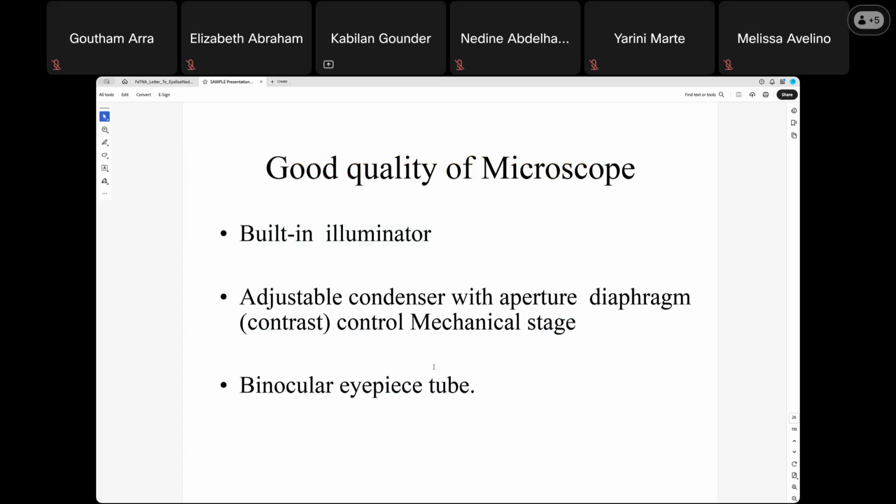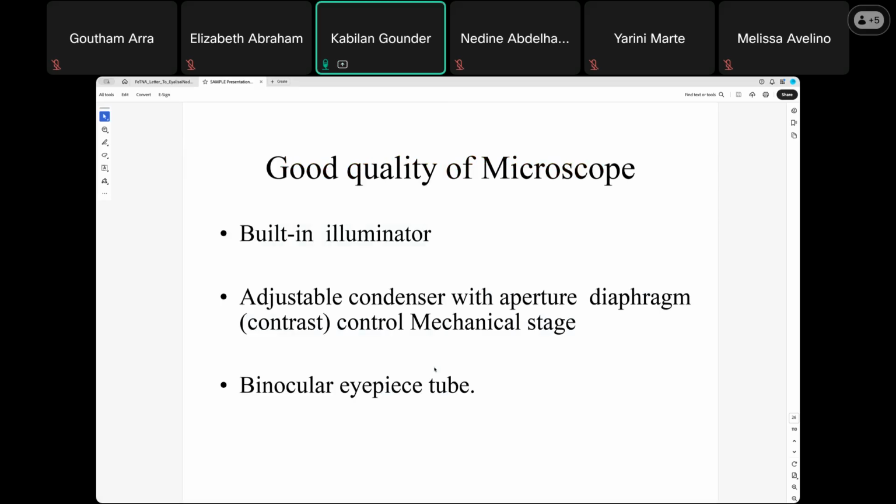How do you say that it is a good quality microscope? When you go in the lab, how can you say, oh, that looks like a very good microscope? You have to tell the reasons why it is good quality. One of them is the built-in illuminator.